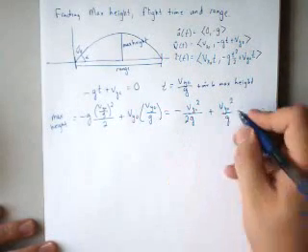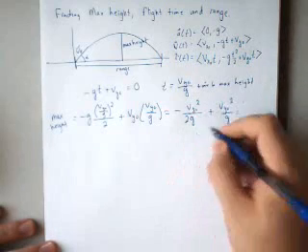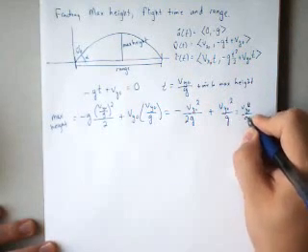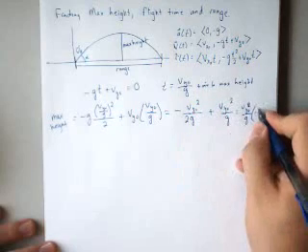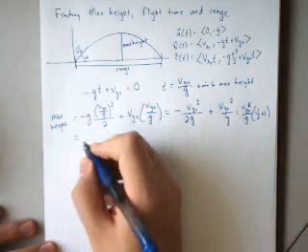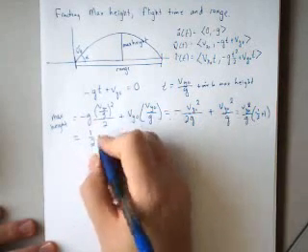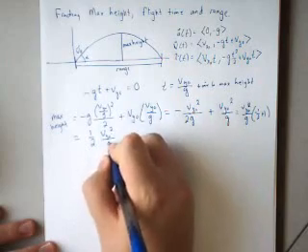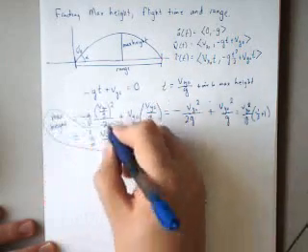So essentially, each term has a vy naught squared over g in it. But in the first one, there's a minus a half, and in the second one, there's a 1. So this ends up equaling 1/2 vy naught squared over g. And that is our max height.